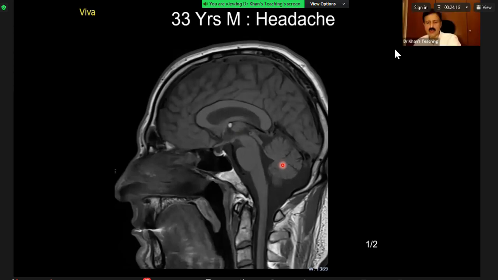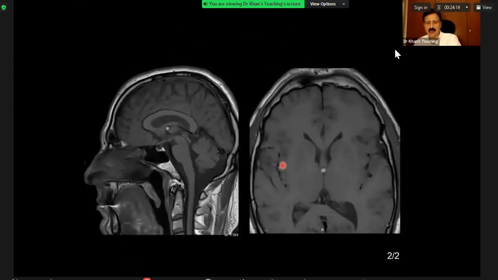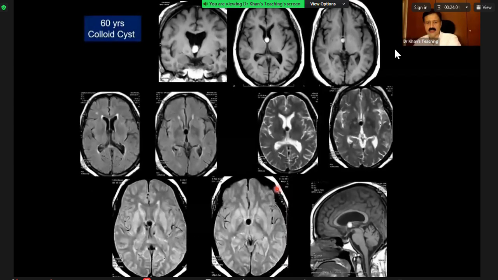Colloid cyst, and colloid cyst is sitting at the foramen of Monro. This is the foramen of Monro, frontal horn, and this is a colloid cyst, which can be high signal on T1 weighted sequence. This is another one which you can see here, and low signal on T2 weighted sequence.